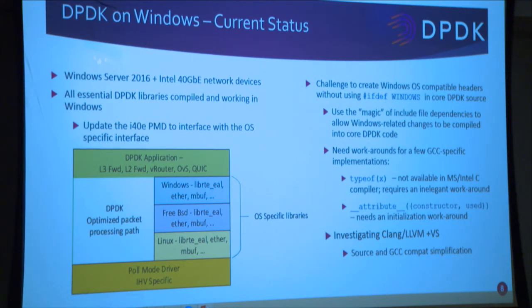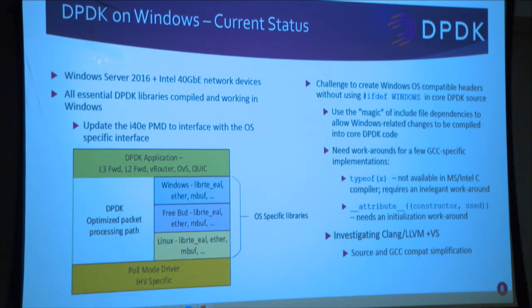So how do we go about doing this? Remember, we wanted to keep the source as much the same as possible as it was in Linux. One thing we had to avoid was putting #ifdef Windows all over the code, because if we had done hundreds of those, the community would not accept it when we merged back into the mainstream repo. So we had to absolutely avoid using #ifdef Windows. But I should tell you that it is not possible to avoid it completely.